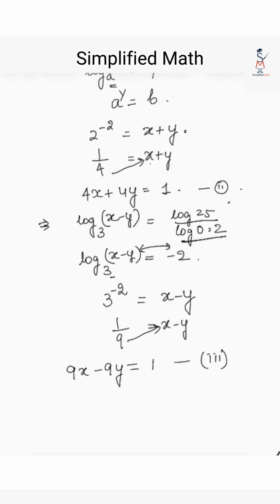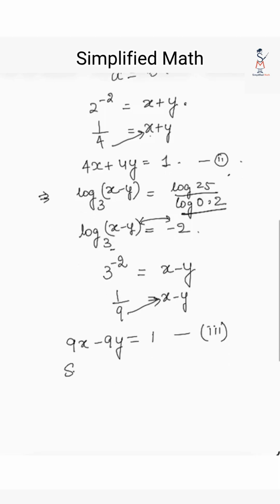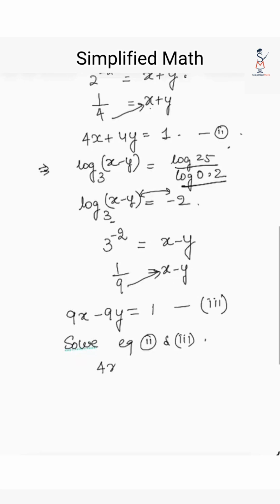Fine. So now we will solve equations 2 and 3. Now we know that these two equations have two variables and we have two equations. So this can be solved simultaneously. 9x minus 9y is equal to 1. How do we solve simultaneous equations?